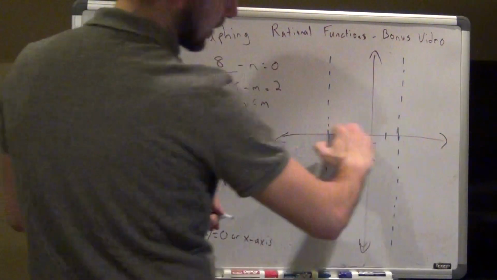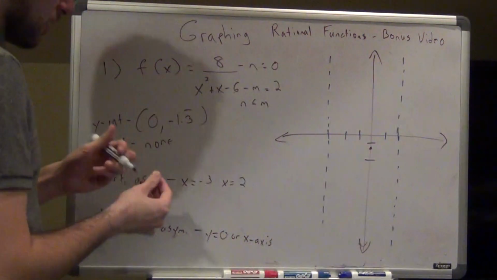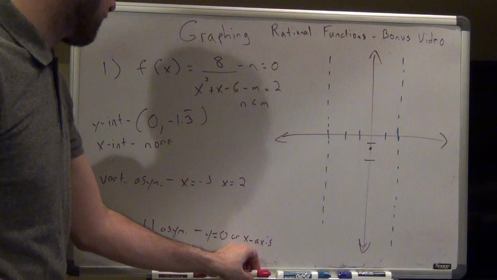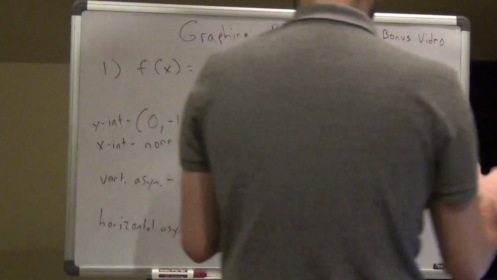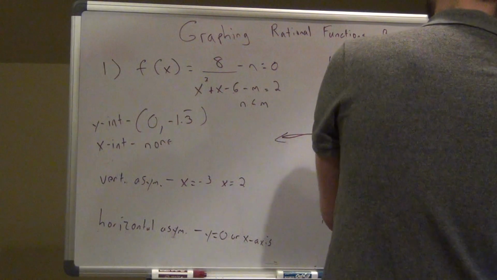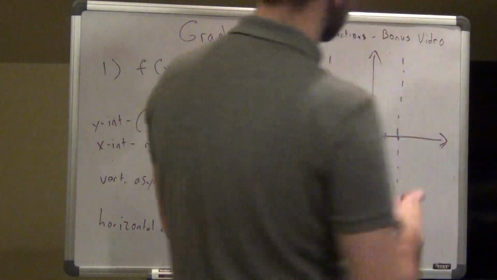This x-axis is the line y equals 0, because of course this is y equals 1, 2, 3 as you keep going up. So your x-axis is, as we call it, your horizontal asymptote. Your curves are never actually going to touch that.